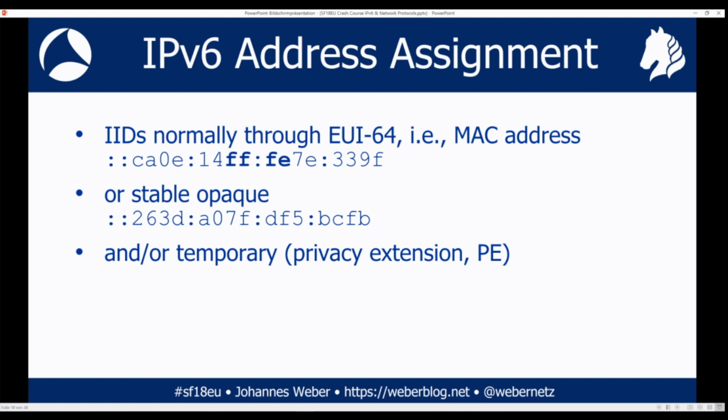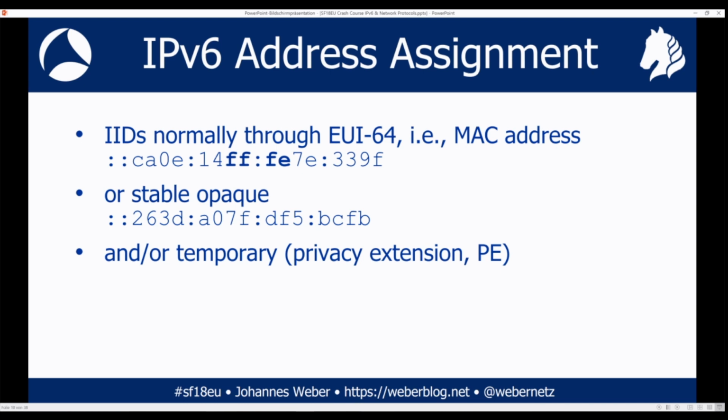So when you're looking at your client in an IPv6 enabled network, you have one link local address. You have one stable address, which is either done with the MAC address or randomly but stable. And you have a privacy extended temporary IPv6 address in the same network, which you're using for outgoing connections.